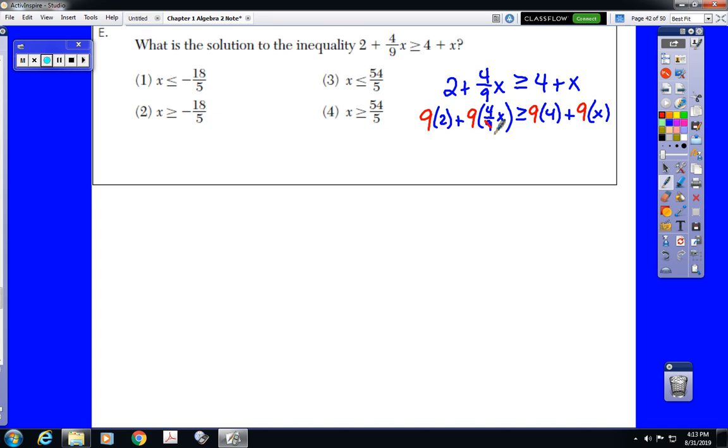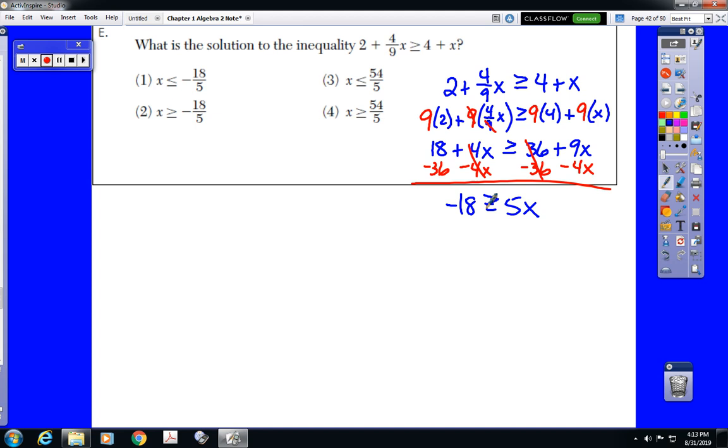Again, when we do that, the 9's in the fraction will cancel with the 9 in front, and then we multiply what's left. 18 plus 4x is greater than or equal to 36 plus 9x. Subtract 4x from each side. Subtract 36 from each side. Gives us negative 18 is greater than or equal to 5x.